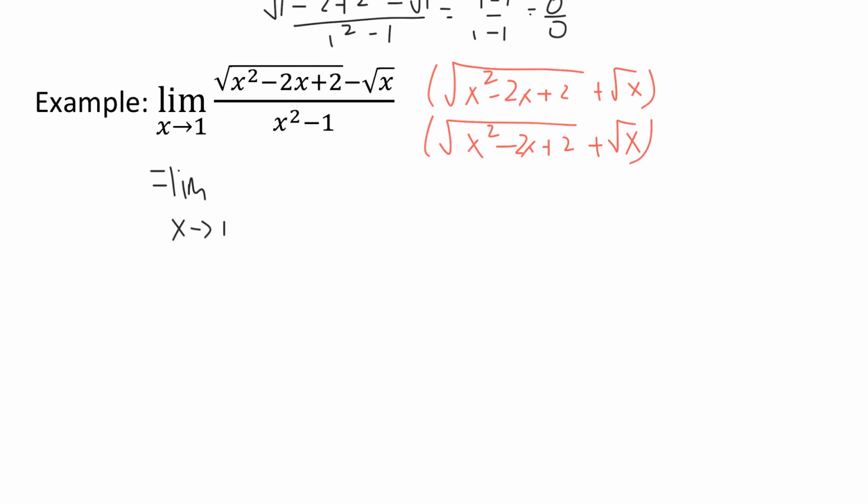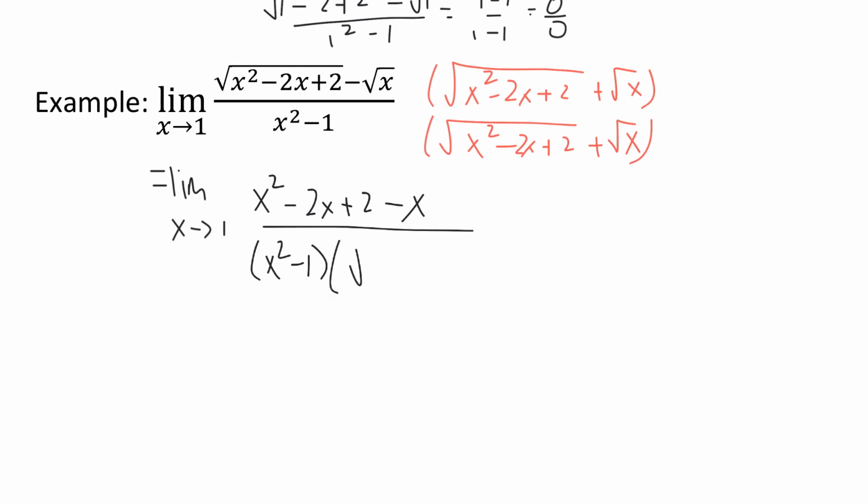So in this case, the rationalizing is happening because of the top. So this portion you want to multiply out. But the bottom here, just leave it unmultiplied. Just write it down as multiplication, but don't actually do the multiplication. So this will be x squared minus 2x plus 2 minus x over x squared minus 1 times root of x squared minus 2x plus 2 plus root x.